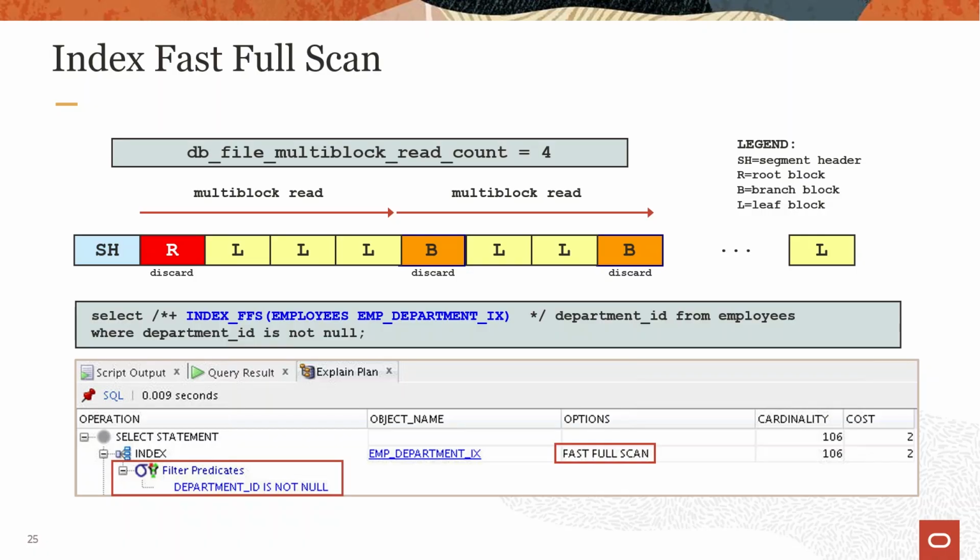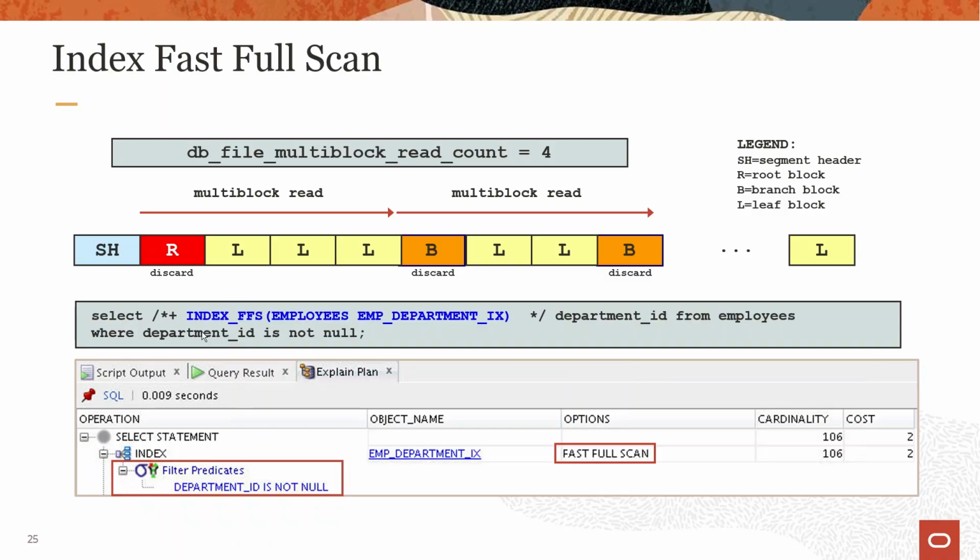A fast full scan accesses the data in the index itself without having to access the table. So suppose the following, that you want to obtain the department IDs out of the table employees where department ID is not null. Now, first of all, in a couple of slides, we're going to see that null values are never being indexed.